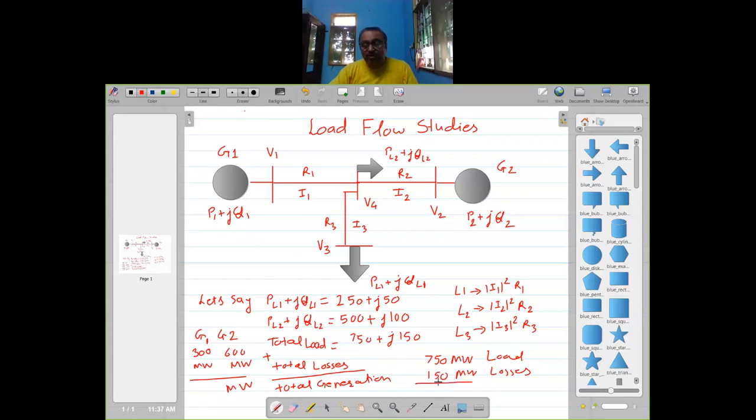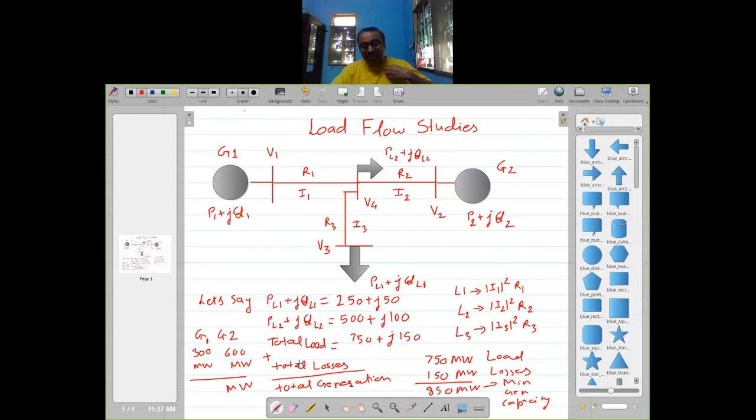It is quite a high quantity, but just for the sake of it, how much will it be, by the way? 750 by 150 is 20% losses, right? 20% losses is really high. So it will be 850 megawatt. That should be the minimum generation capacity. Now our capacity is 300 and 600.